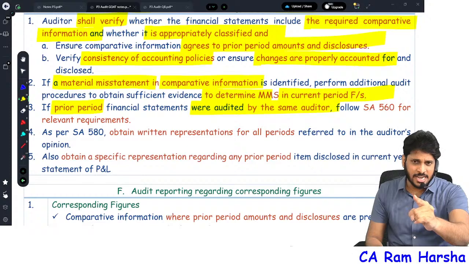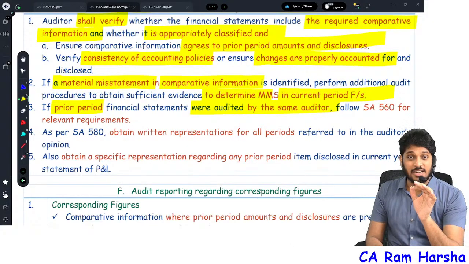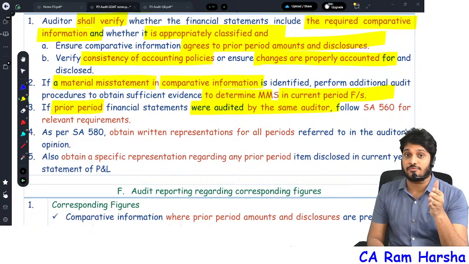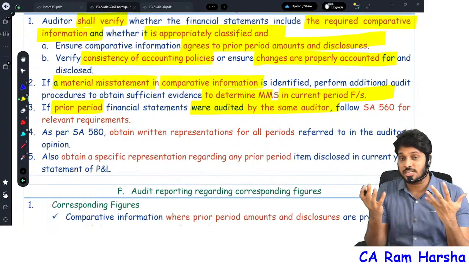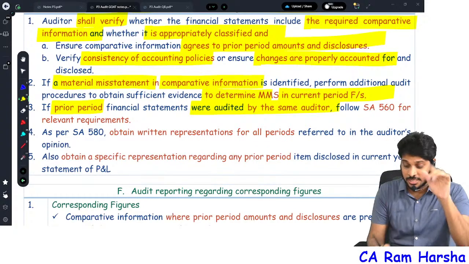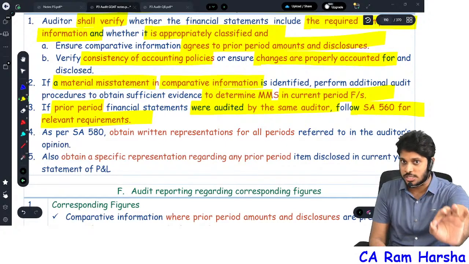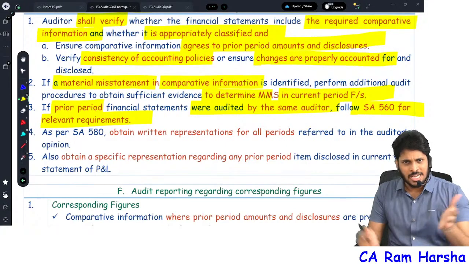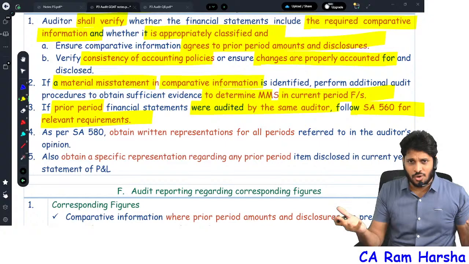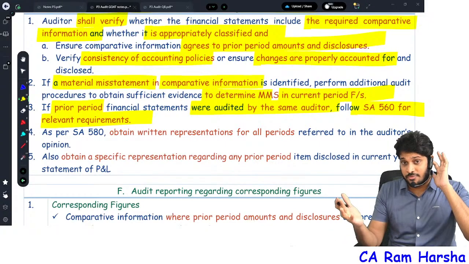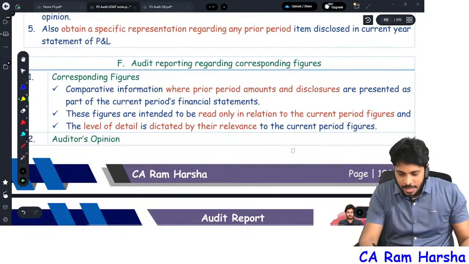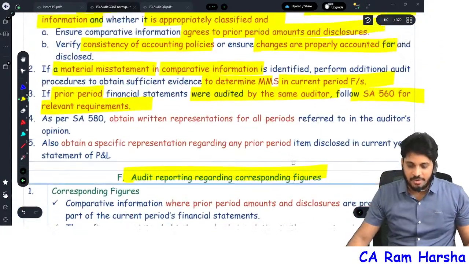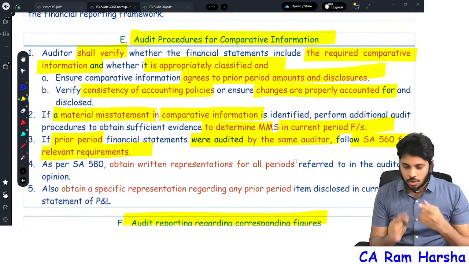If any events are identified by the auditor subsequent to the date of the auditor's report, or if a fact came to the knowledge of the auditor after the date of the audit report, you discuss with management and ask them to amend the financials. Perform 560 procedures if possible. If I am unable to perform 560 as a subsequent procedure, I will tell you what exactly to do. Here we will be discussing that. Okay, fine.